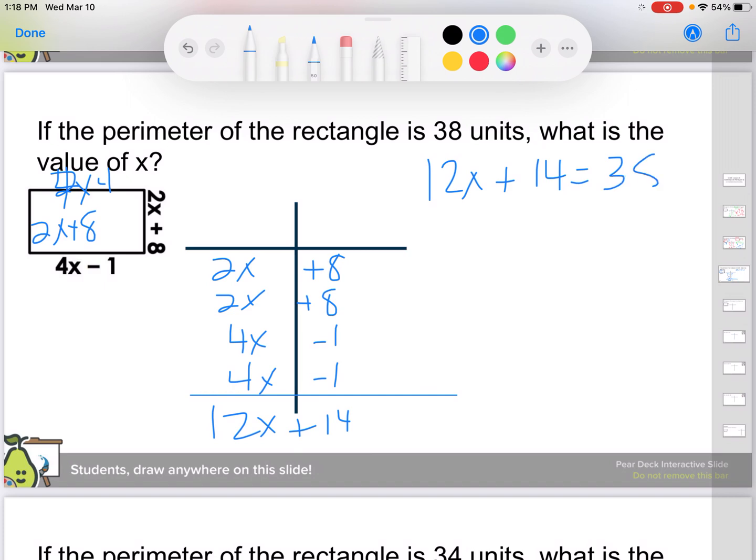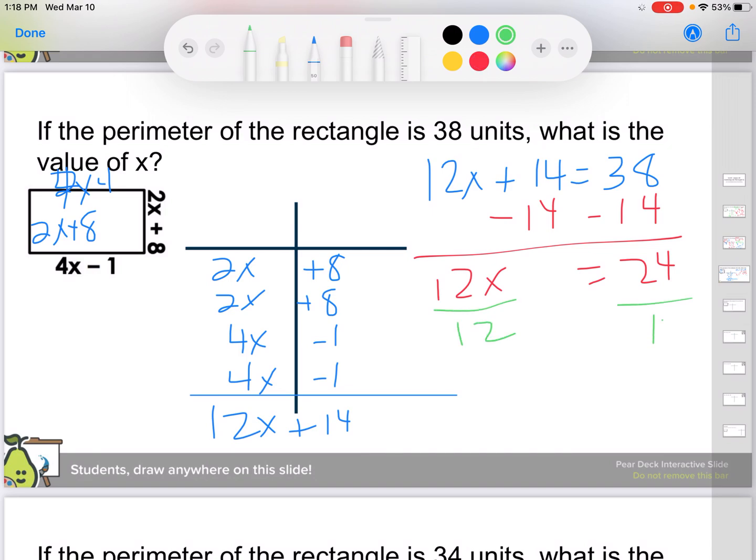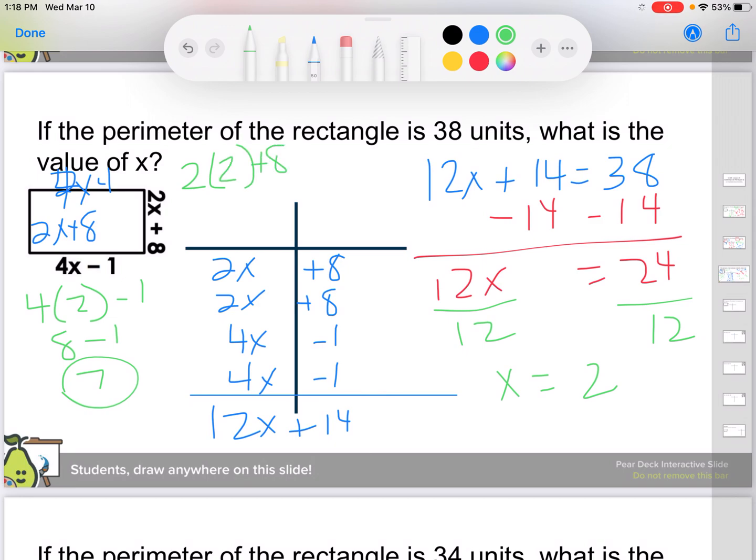That's equal to 38. Subtract 14 on each side. Equals 24. Divide by 12. x equals 2. So I could substitute that in. 4 times 2 minus 1, so that would be 8 minus 1. I get 7 for the length. And then 2 times 2 plus 8, so 4 plus 8 is 12.